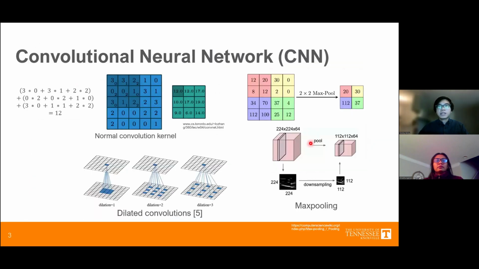So the basis of all fully convolutional neural networks, which is what is used for semantic segmentation, and particularly the UNet architecture, consists of convolutional layers and then followed by max pooling layers.